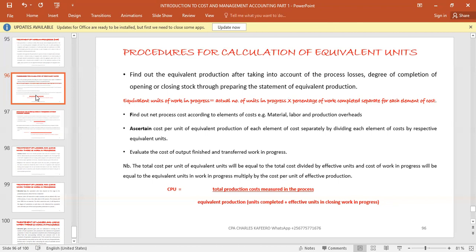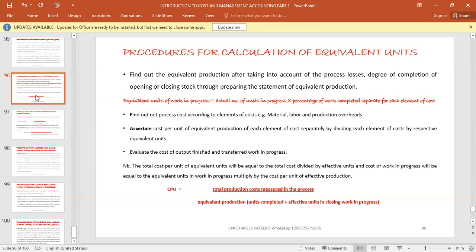Then they may say that the rest was losses. We are just treating them as losses, and we try to compute the total cost of the process. That's what we mean by that.